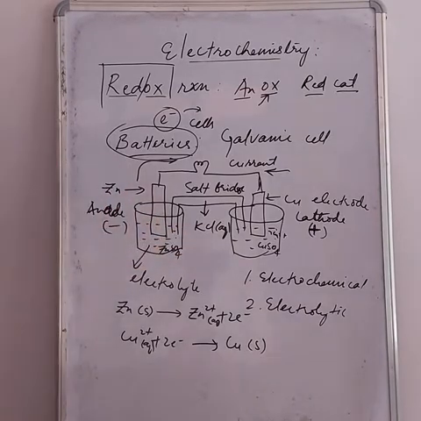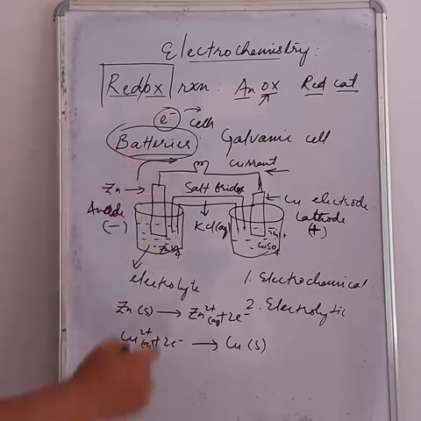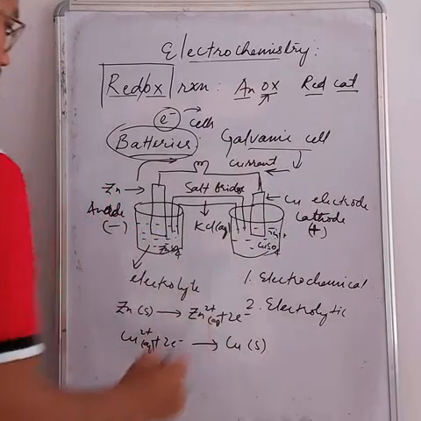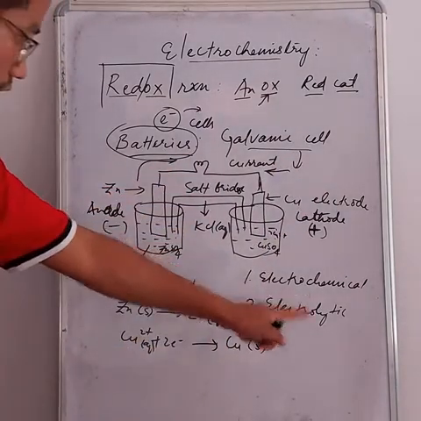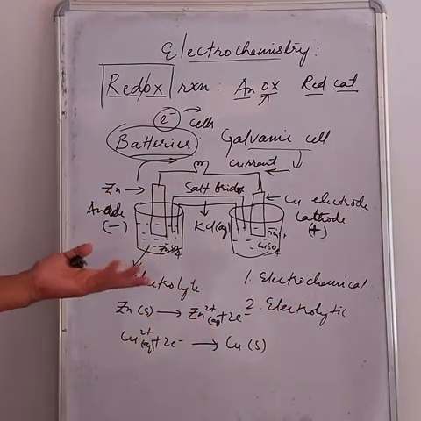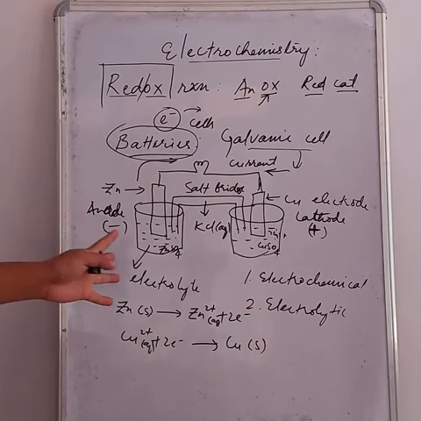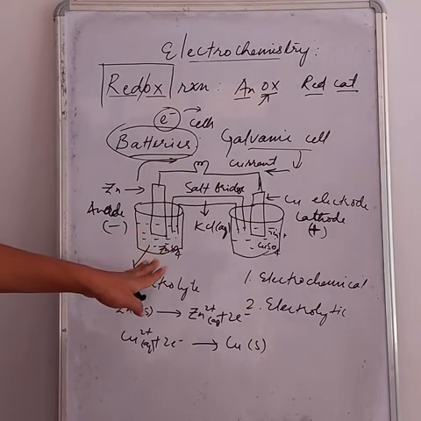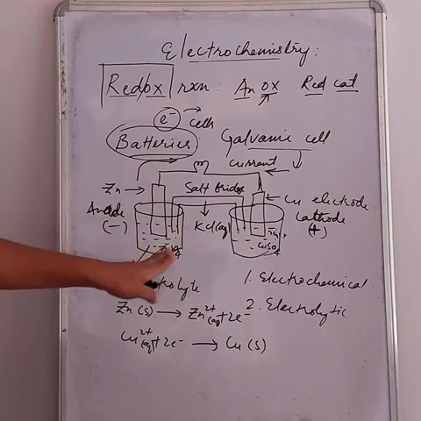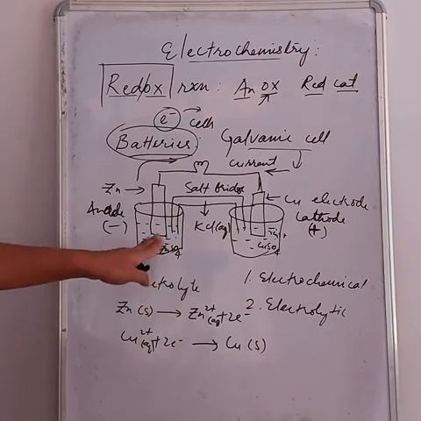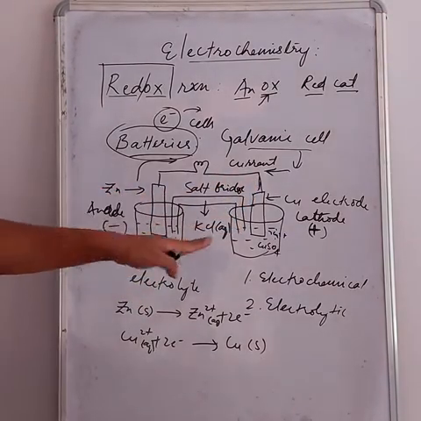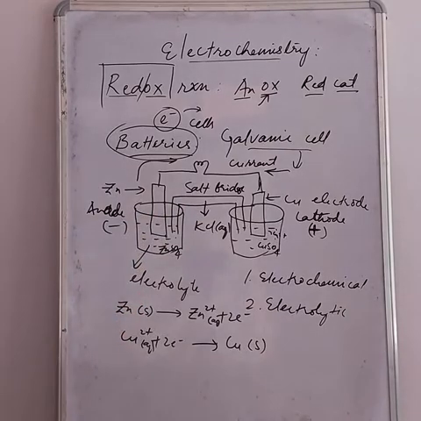This is a typical example of a galvanic cell, which comes under electrochemical cells. Why? Because the spontaneous redox process going on generates electricity. Flow of current is taking place.